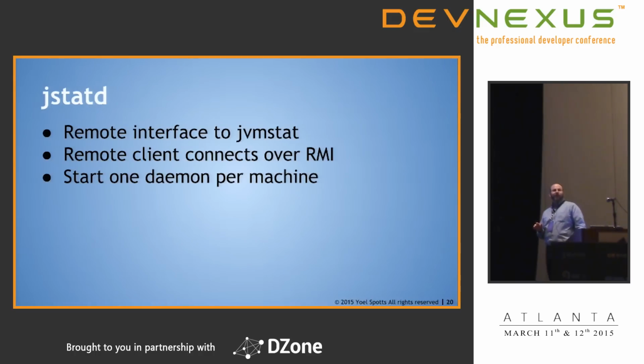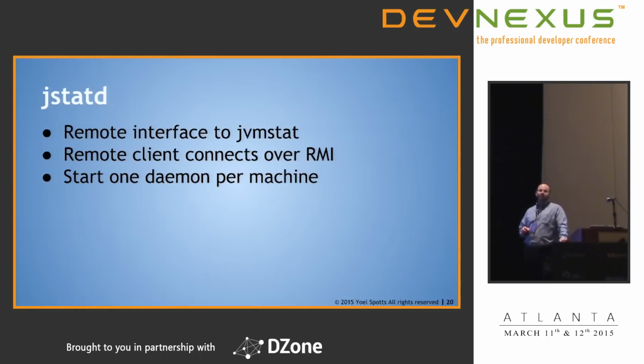Now JVMStat is local. It's a local way of connecting. And again, it must be the same user account. There is a mechanism for connecting a remote interface to JVMStat, and that's through another command line utility called jstatd, which will run on the remote machine that you want to obtain the monitoring information from.